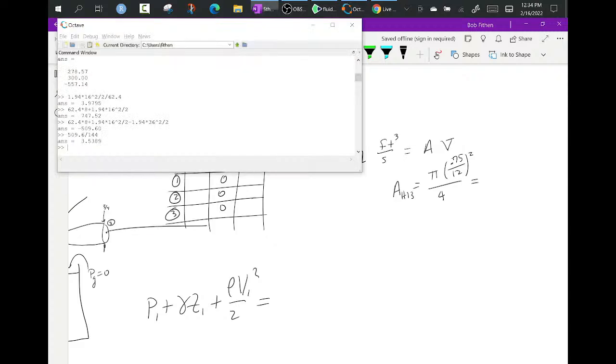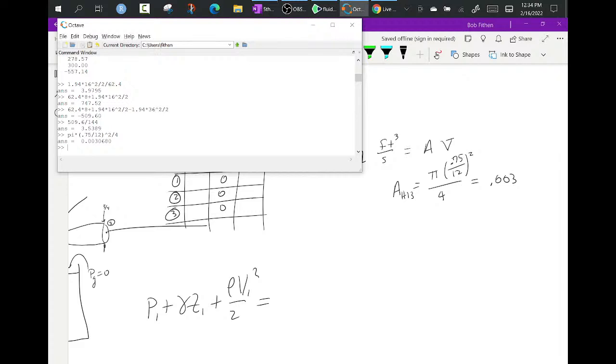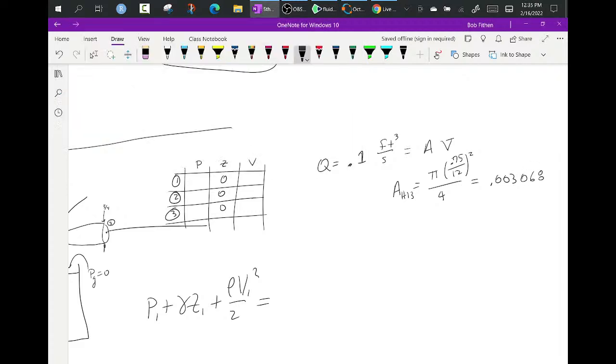So pi times 0.75 over 12 squared over 4 gives 0.003068.